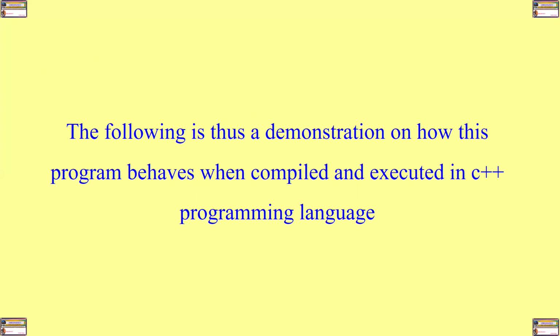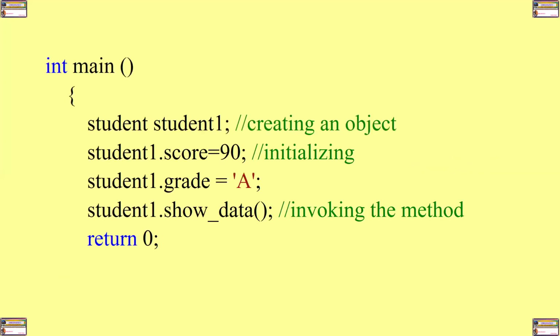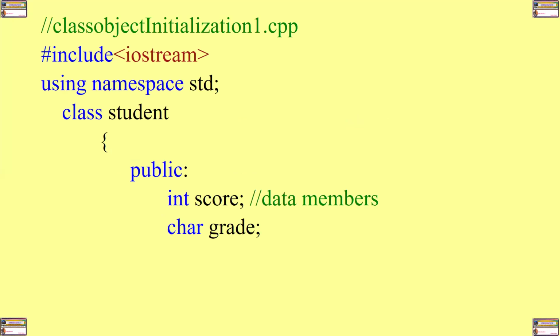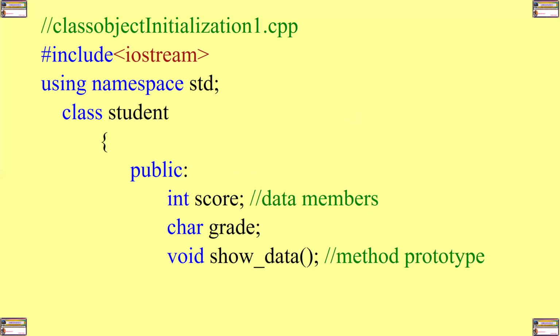Let's see how this program behaves when compiled and executed in the C++ programming language. Just as we have done for the other program, I would like to request you to copy this program as it is in your exercise book, or write it in your word processor, or using any other editor, including Notepad or Wordpad.